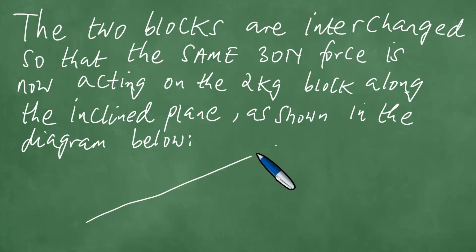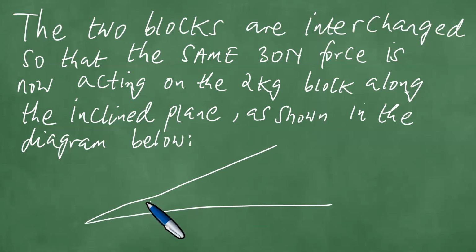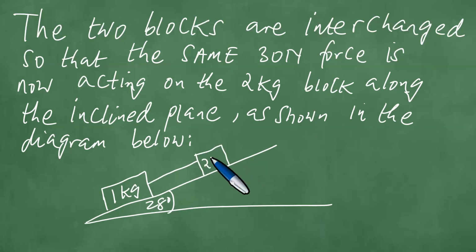So we have this situation: 28 degrees of slope, 1 kilogram mass, and then two kilograms, 30 newtons.